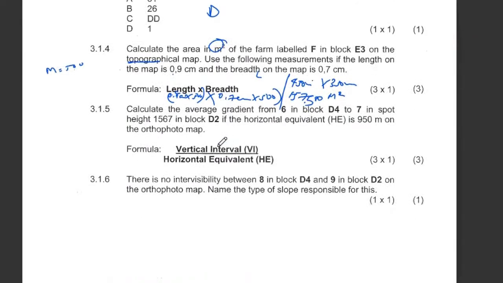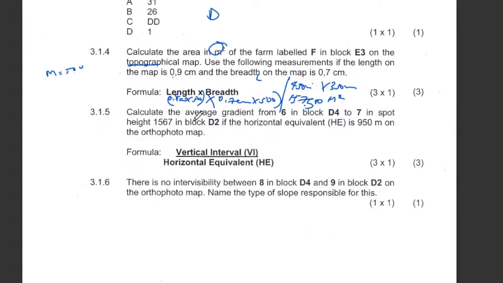You go to the second one, calculate the average gradient from 6 to 7. Average gradient from 6 in the block D5 to 7 in the spot height 1567.